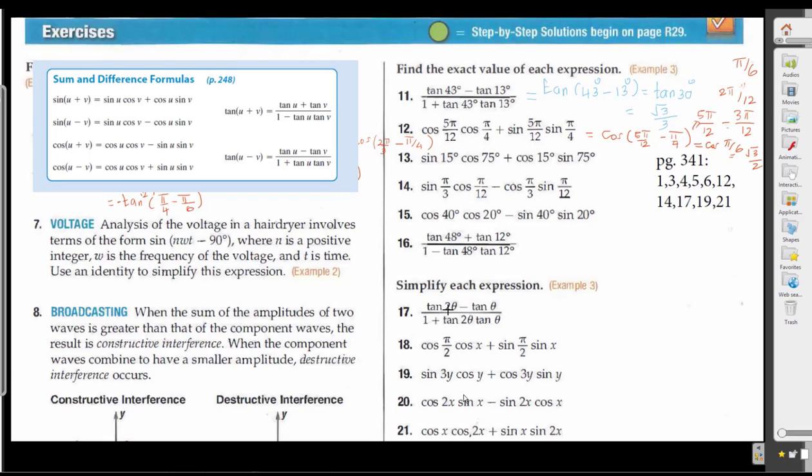So similarly you can solve all the rest of the problems. So the 17 is what? That's a tan a minus b formula. So that's same as what? Tan of 2 theta minus theta. That's going to be same as tan theta.